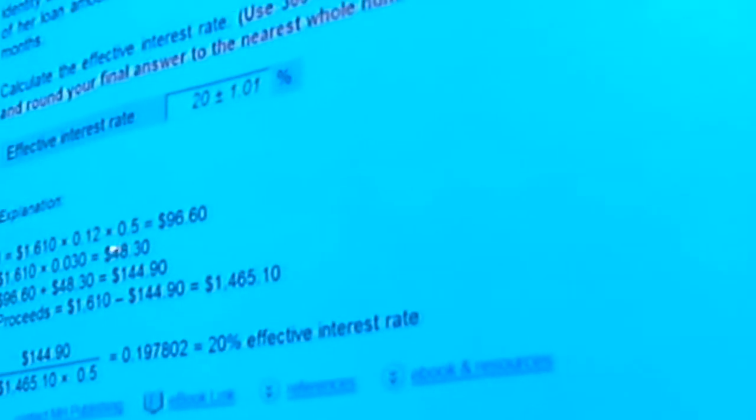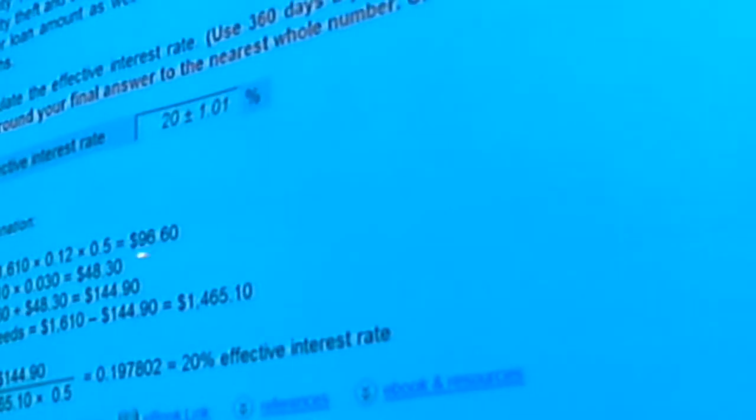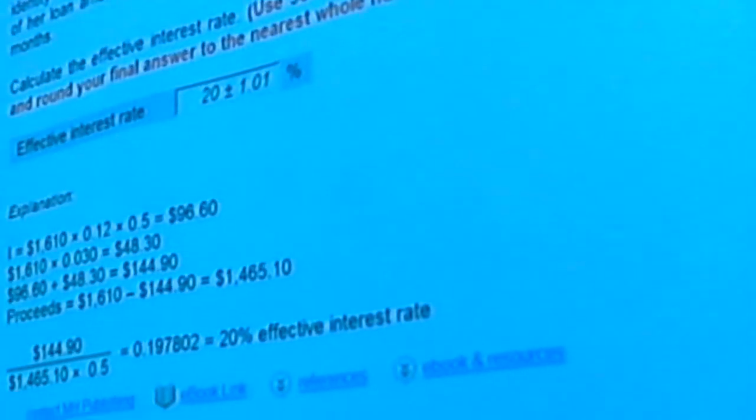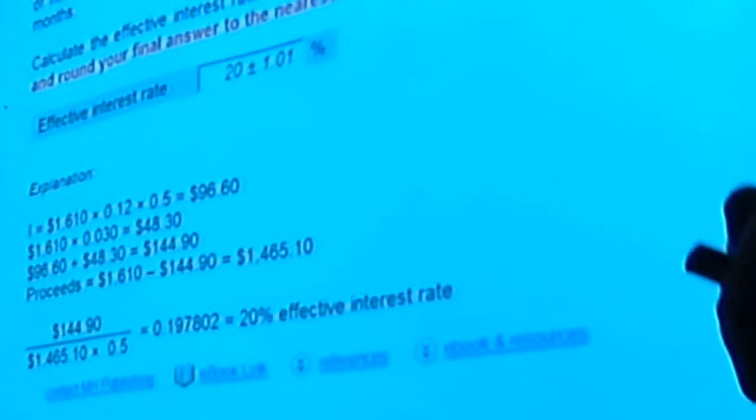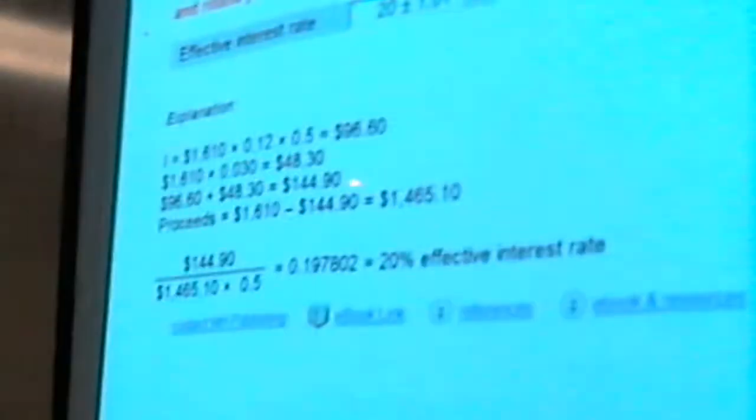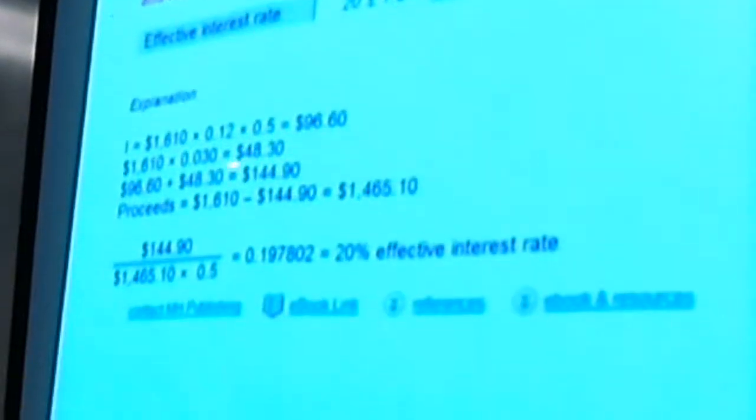Now, what we're doing in the third step is adding what together? The first two steps. See it? Yeah. We're adding the interest and the fee. So all we had to do is figure out the fee, the extra fee, and then kind of throw it in with the interest, right? That's what we're doing. So that's the total charge, the cost of borrowing. It's just we have a fee. So it's $144.90. How do we always get the proceeds?